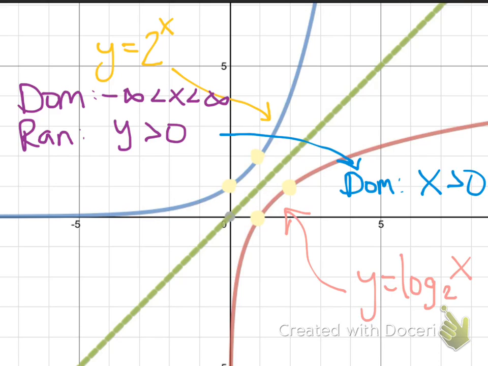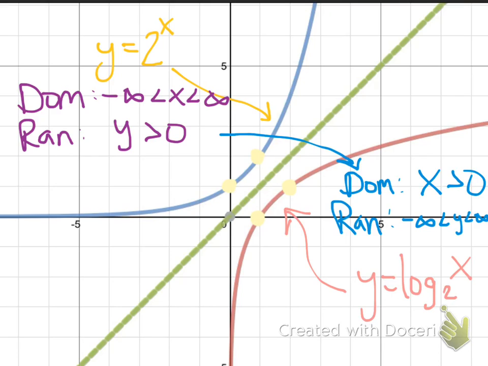It comes close, but never actually gets there. The range comes from the domain of the exponential, so that's going to be negative infinity less than y less than infinity. I'm squeezing it in there, and I apologize for that, but hopefully you can see it.